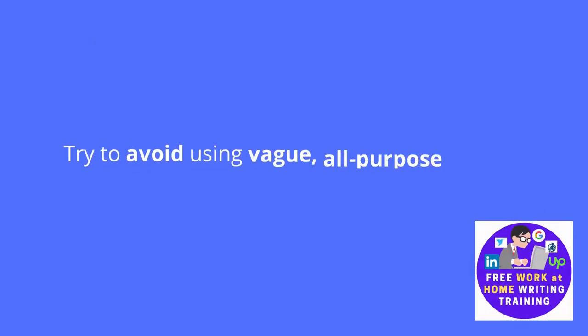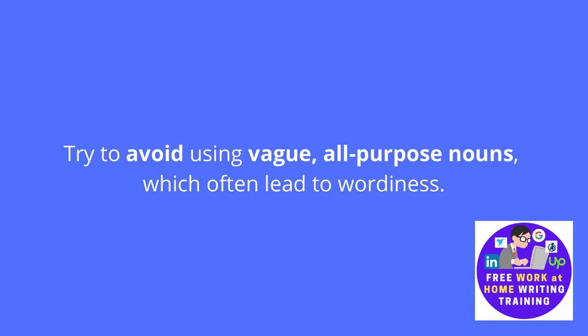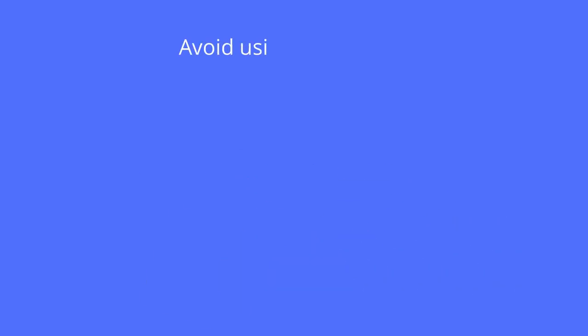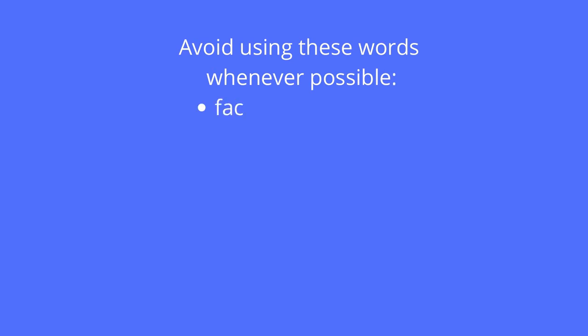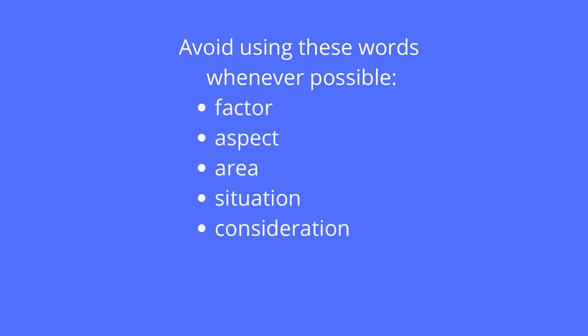Try to avoid vague or purpose nouns which often lead to wordiness. Here are words to avoid whenever possible. Factor, aspect, area, situation, consideration, degree, case.